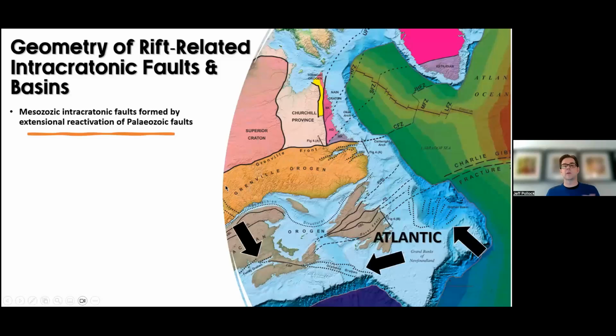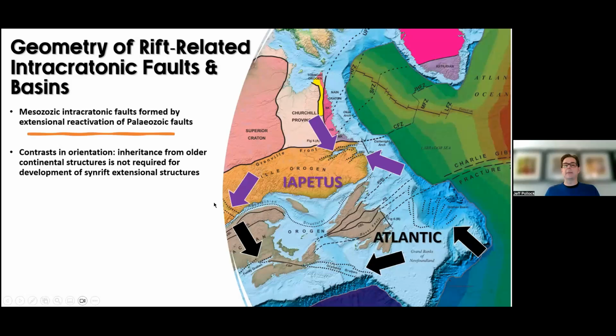And we see the same thing when we look at our Atlantic rift basins. The Mesozoic basins all form on reactivated Paleozoic faults. Yet they terminate at the ocean-continent transform or ocean-continent boundary.